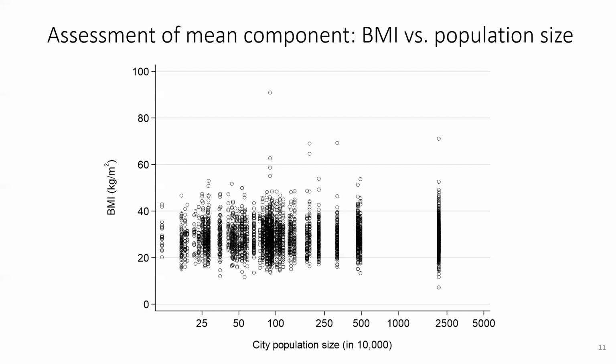As we did, we plot the lowess curve. At least we can assume that there's a linear association between city population size and BMI. But the unfortunate thing is that I don't think city population size affects BMI. This is what we can see from this plot.